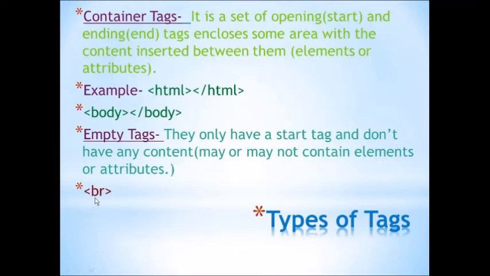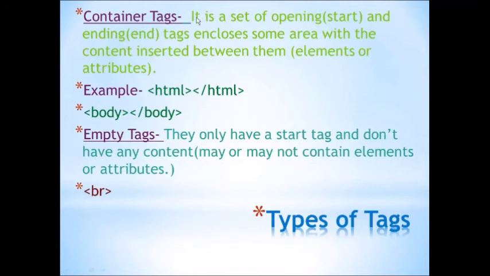So suppose you are writing some points in your web page, and you want to give a line break in between them. Then you don't need to go to the next line every time. You can simply write a paragraph, and wherever you want your text to come onto the next line, there you can simply put this BR tag.